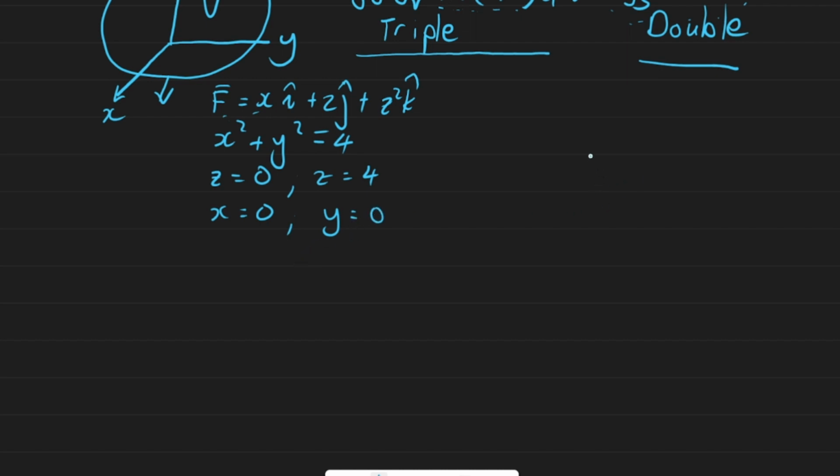So what does it look like? Okay, so we'll draw our axes. So that's x, y, and z. Since this is a cylinder and we can see that the radius is 2, we can just write that. The radius is 2.